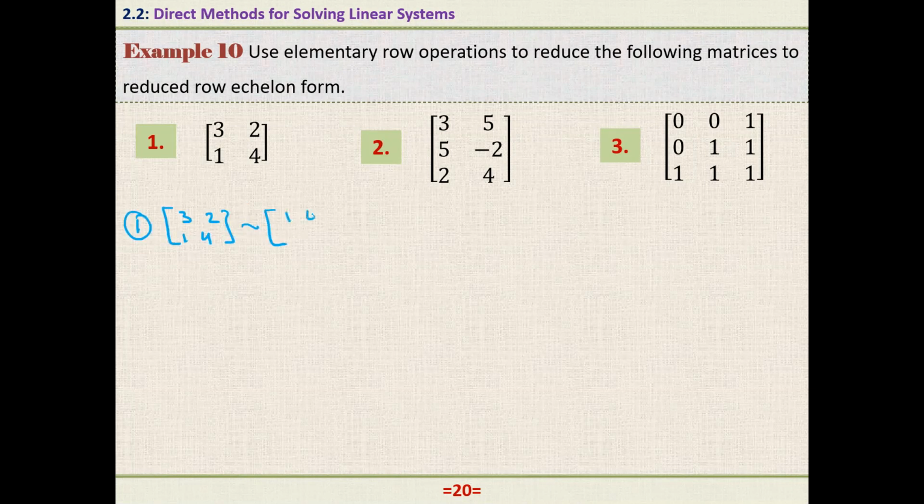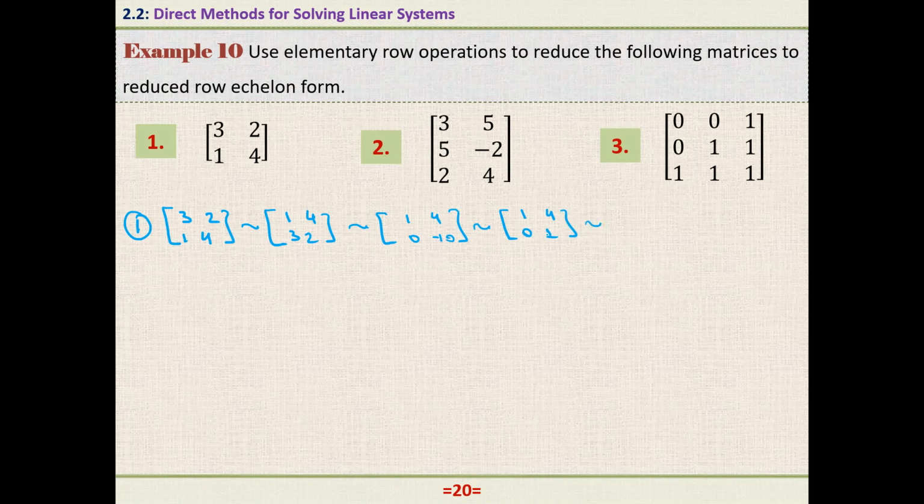Then we will have here 1, 4, 3, 2. And multiply the first row by -3 and add to the second row. It is 0, -3, -12 plus 2, that is -10. And multiply the second row by 1 over -10. We will have 1, 4, and 0, 1.